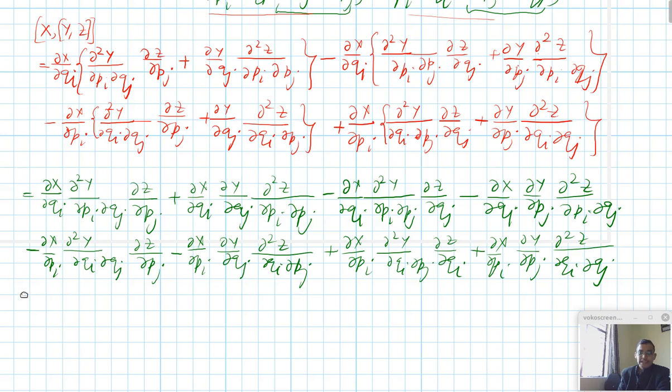Similarly, I can generalize this for y, z, x by replacing here this x with y, y with z and z with x.